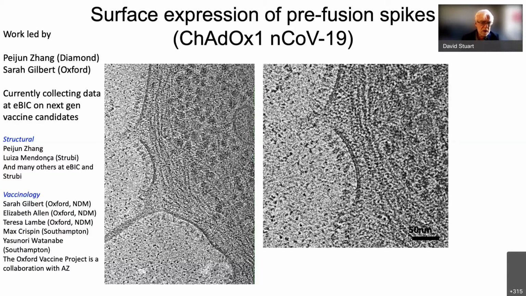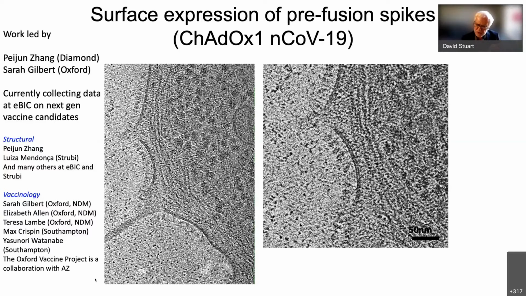What's nice about this analysis, I can't see my mouse, I'm afraid, so I can't point them out, but on the picture on the left and the right, you can see the cell membrane, and beyond that are the trimeric spikes. It's clear from this analysis that these spikes are in the pre-fusion state. So the spike is essentially a fusion machine.